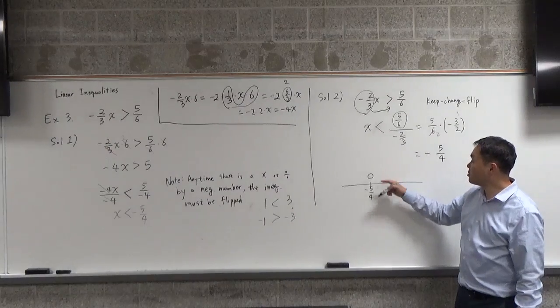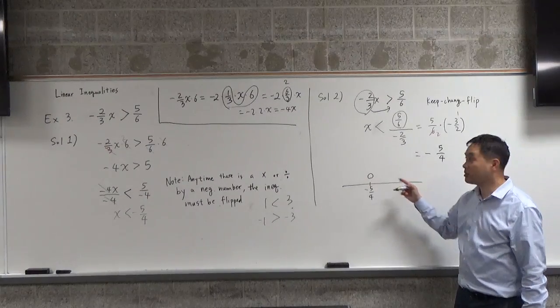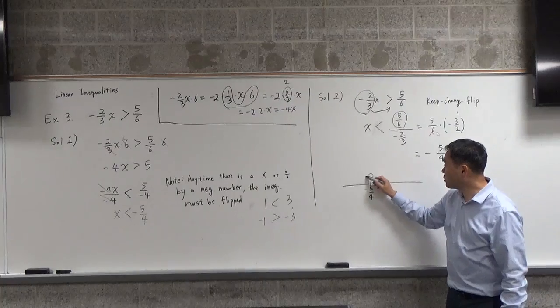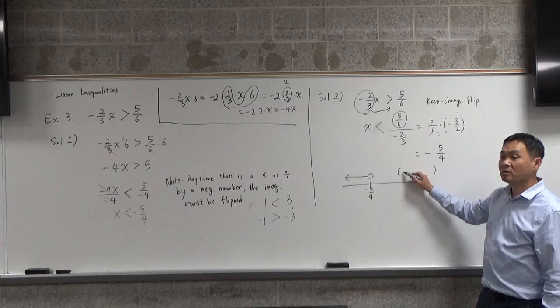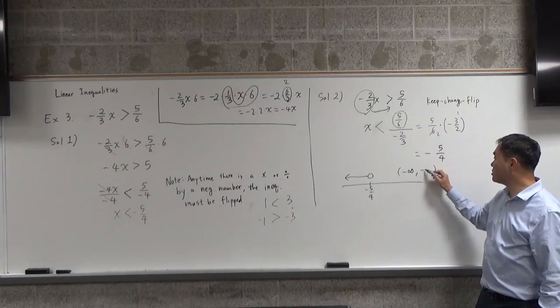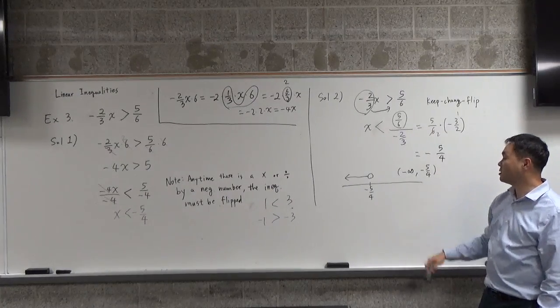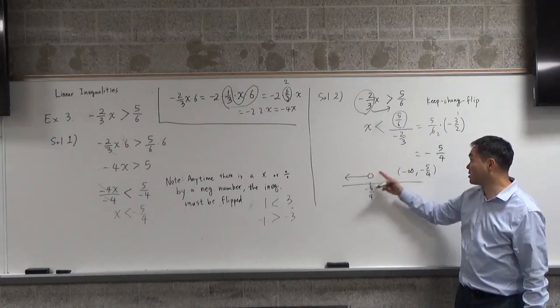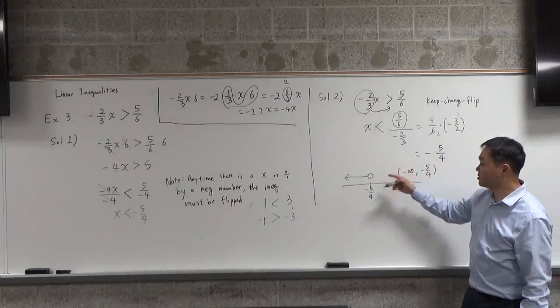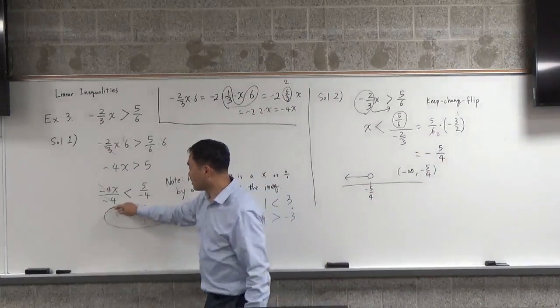Open circle. Should I go left or right? Left, because x is less. So we go left, and therefore, what is this interval? Negative infinity up till -5/4. That's the answer in interval notation. This is the graphical way of writing things, and this will be the answer in terms of an inequality.